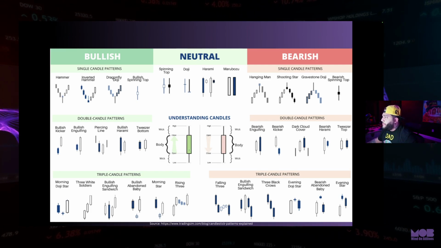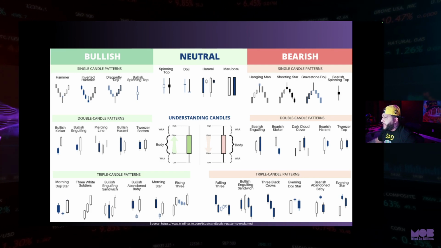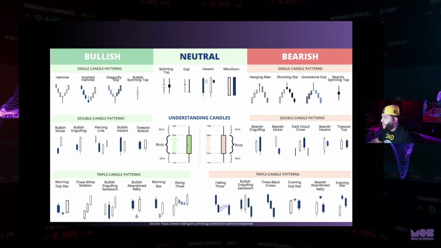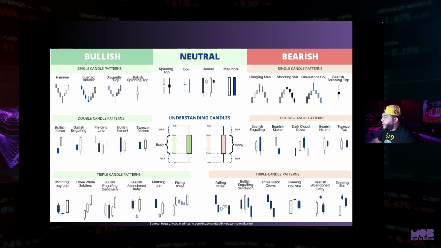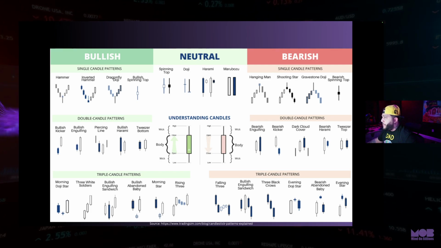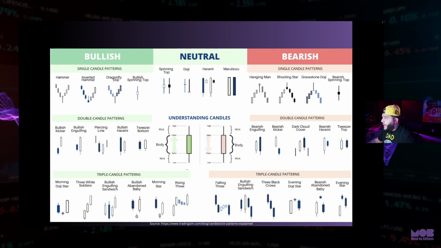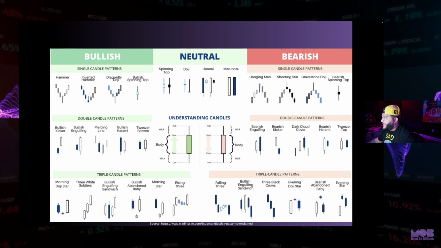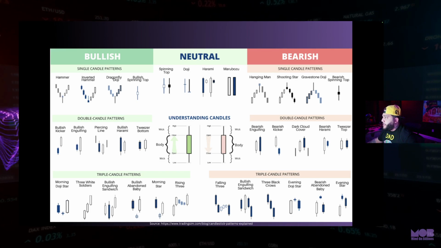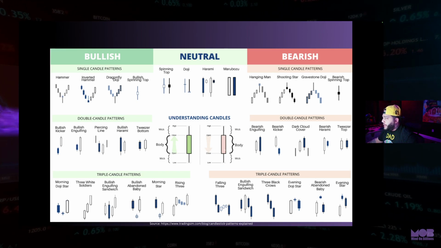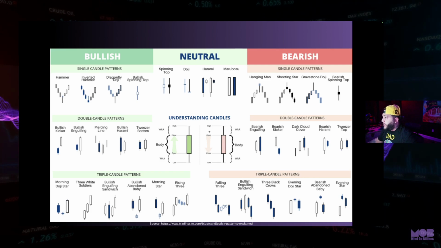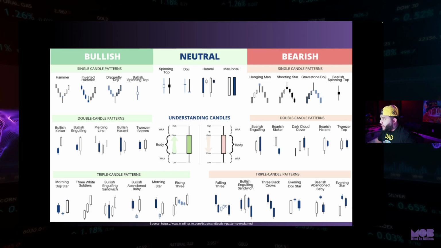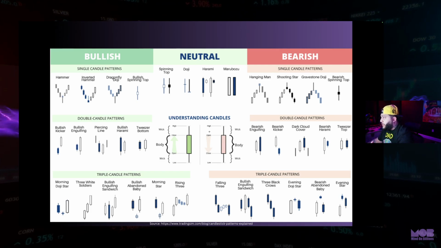Now we all know when it comes to candles, there are 4 data points. You've got the high, the close, the open, and the low. When it comes to bullish candles, the open is at the bottom of the body and the close is at the top of the body, with the high and low. When it comes to bearish candles, the open price is at the top of the body and the closing price is at the bottom of the body, with the high and low. The wicks are basically the same, representing the highest point that price has reached.